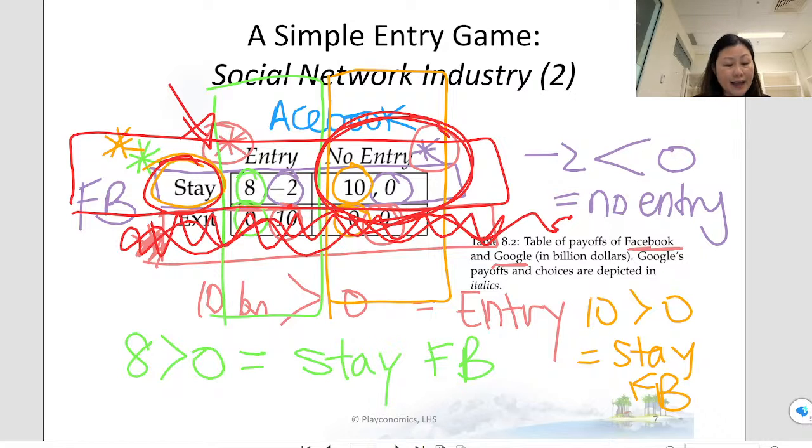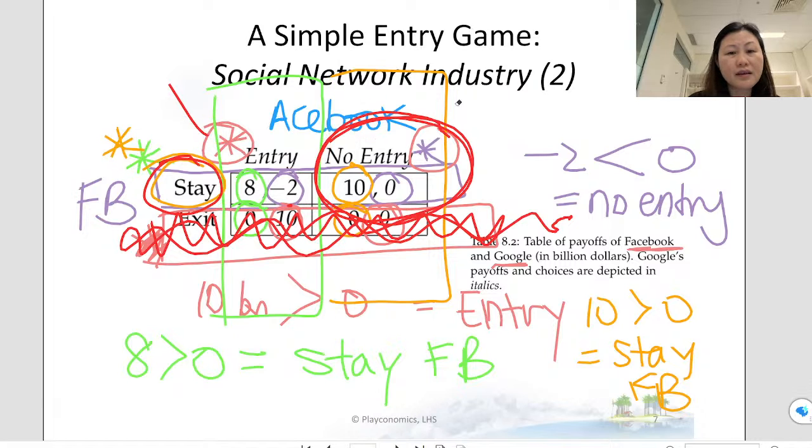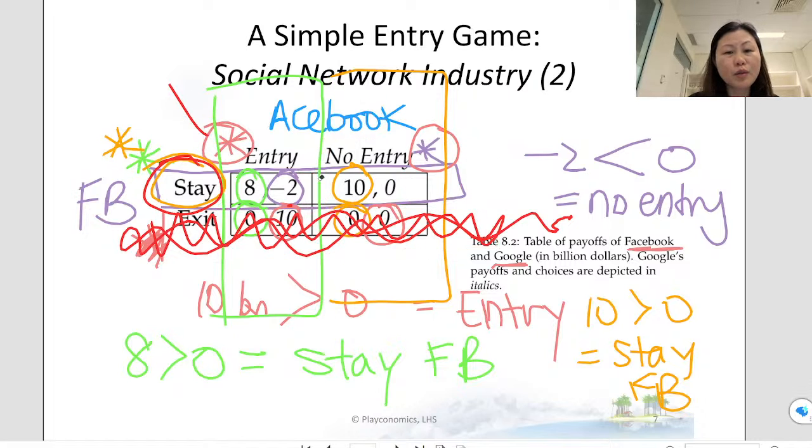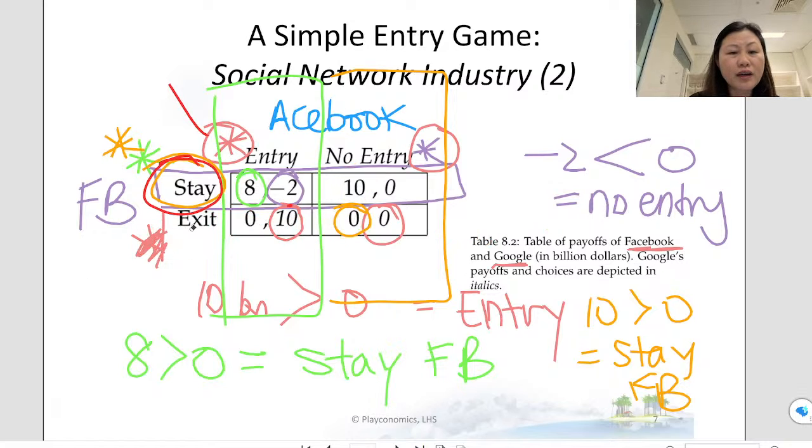In the event that you cannot find a dominant strategy, for example, in this particular instance, we are going to look at Facebook and Facebook.